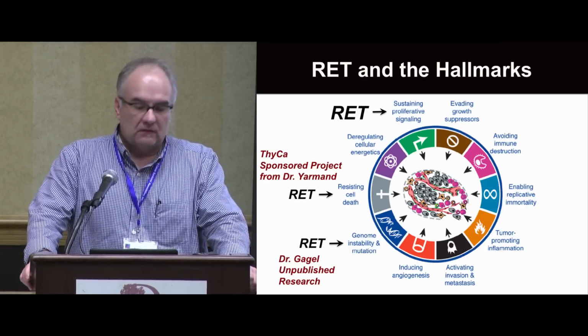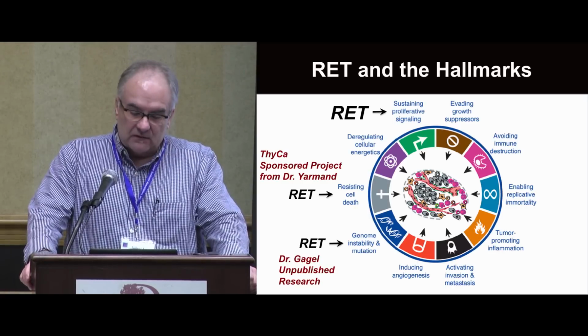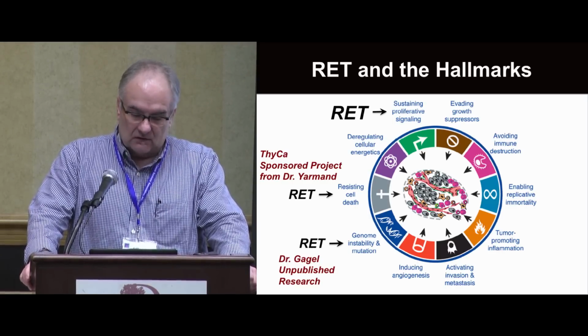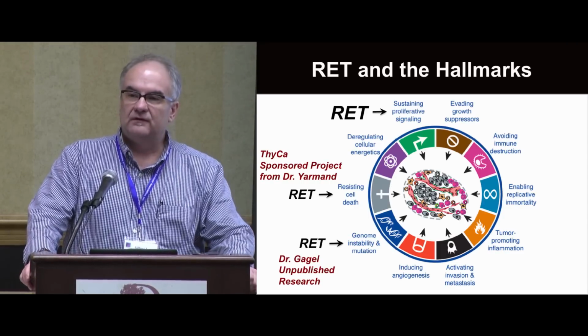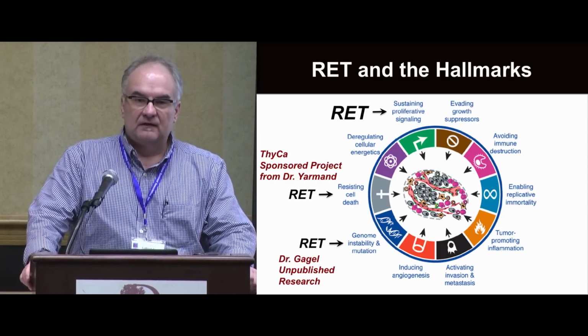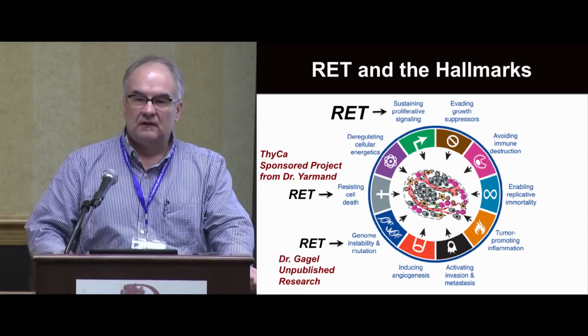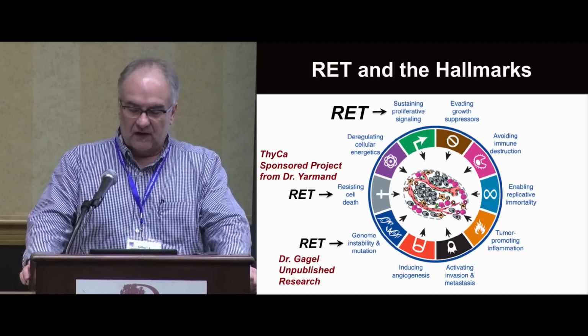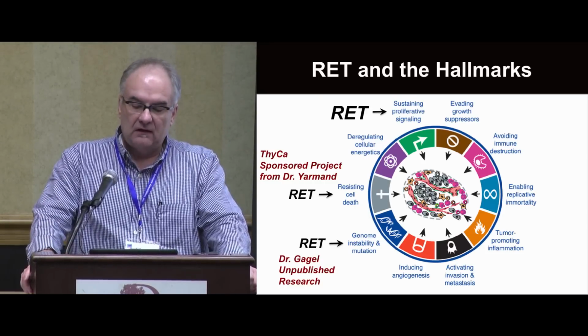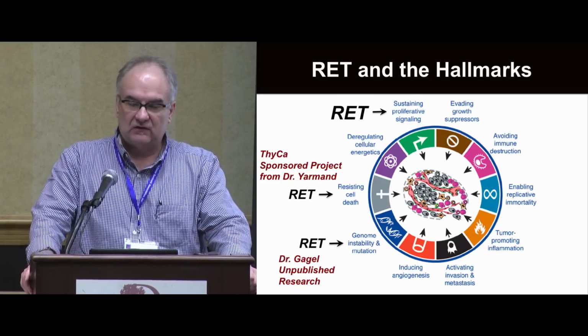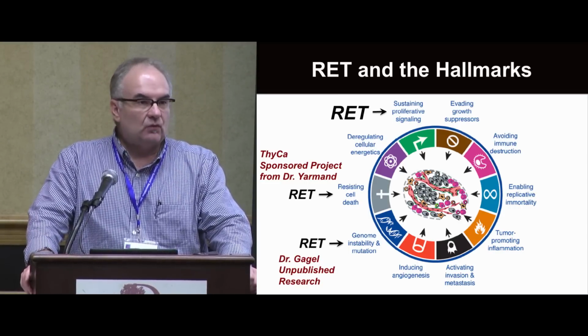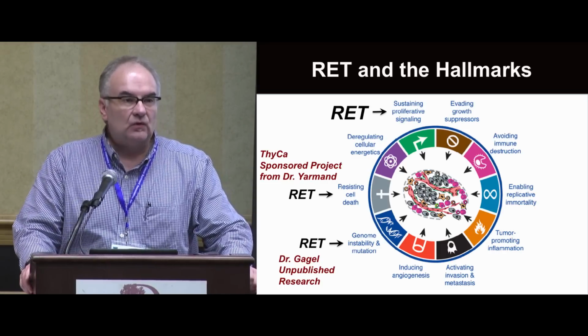Dr. Gagel, who spoke yesterday, has some work that I did along with him that's currently unpublished that suggests that RET actually may play a role in genomic instability, the progression of additional mutations. In fact, what we did when we compared DNA isolated from sporadic tumors and hereditary tumors, looking at those wonderful tools that correct mistakes.